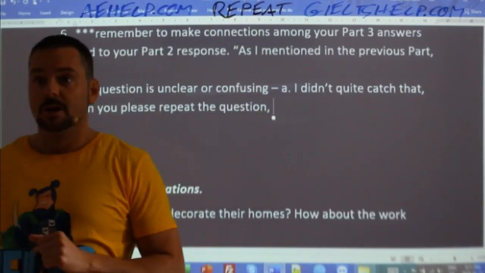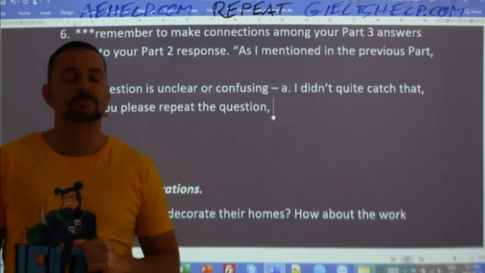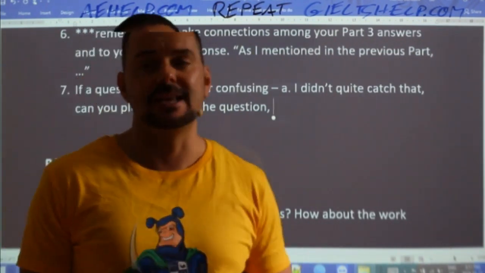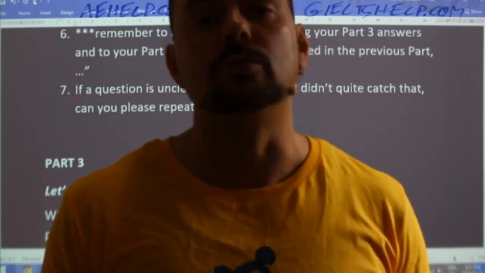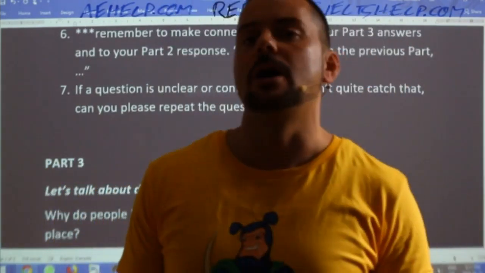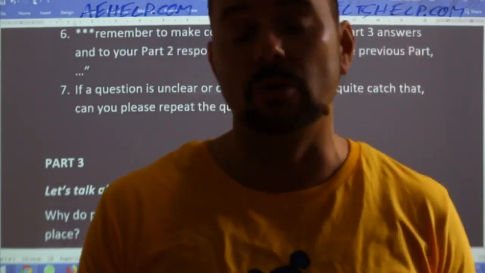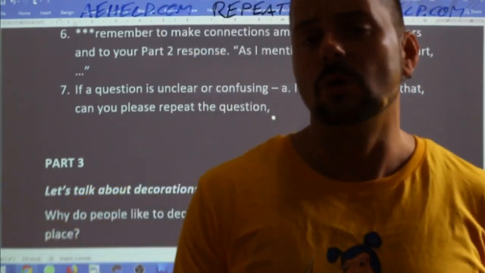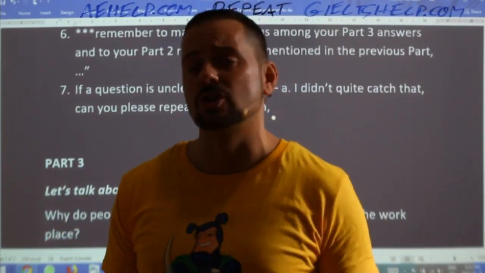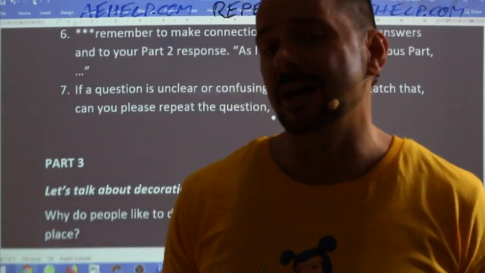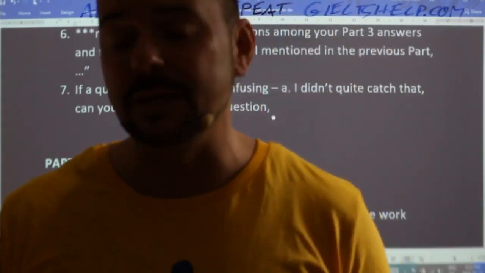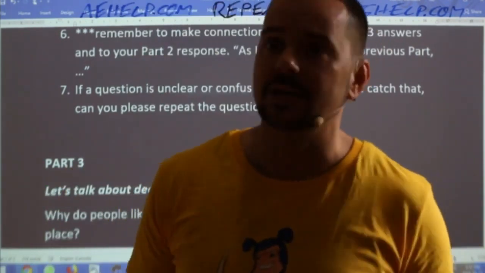Okay. You can ask to have the examiner rephrase the question, but they won't, okay? So the examiners are not allowed to paraphrase or rephrase the question. So if you say, can you rephrase the question or can you paraphrase the question, the examiner might just say, nope, but I can repeat it, or they might just repeat it, okay?